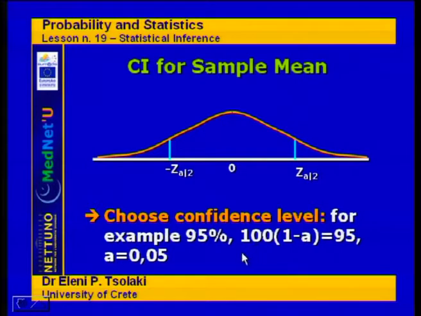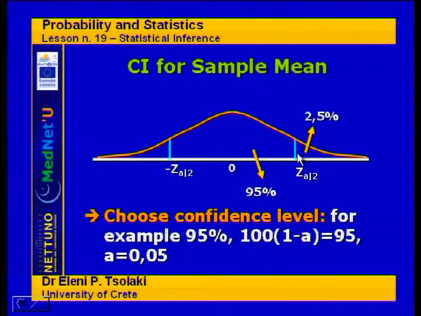We know that 100 times (1 minus a) equals 95, so we need to find a, which for this example is 0.05. Now, this is actually the area in here. The 95% is the area under the normal curve. What remains outside, as we can see, is 5%.